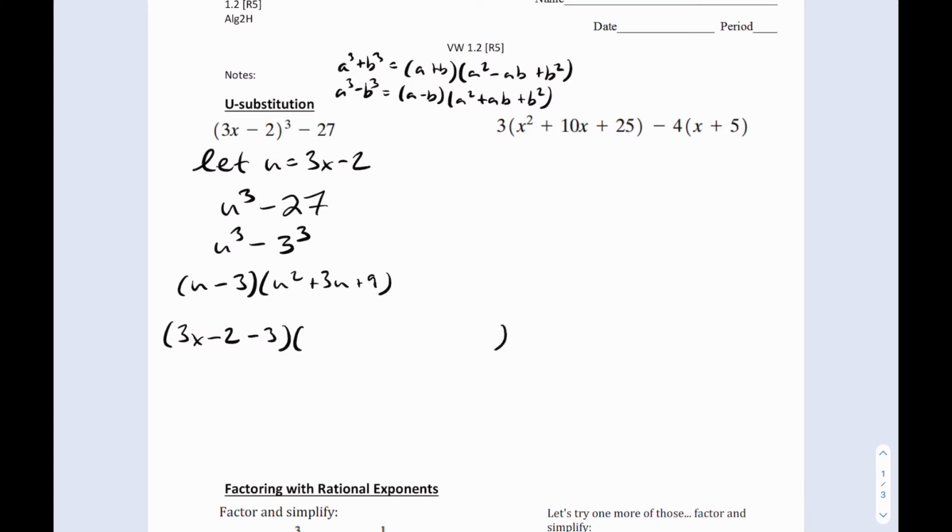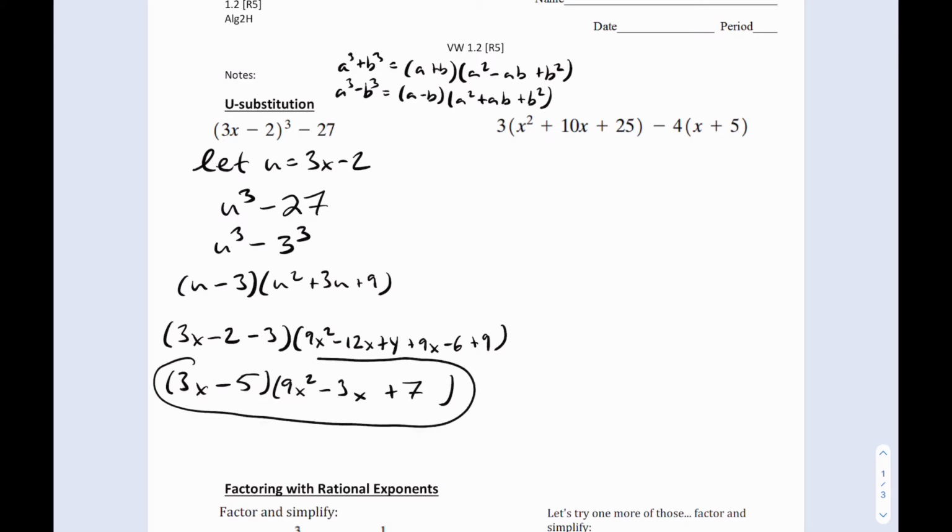So 3x minus 2 squared, that would be 9x squared minus 12x plus 4. 3u, that would be 9x minus 6, and then plus 9. So now we have 3x minus 5 multiplied by 9x squared minus 3x, and we have 13 minus 6, which is positive 7. And there's our first example, done.